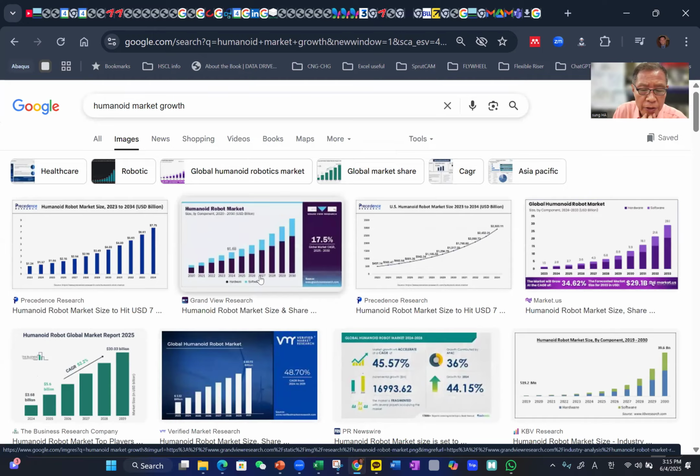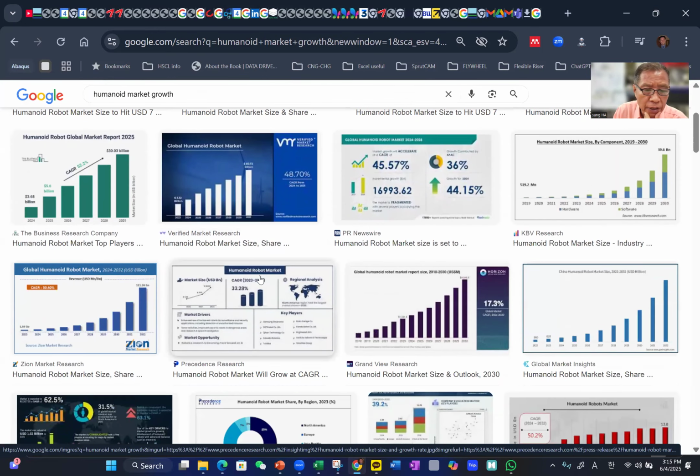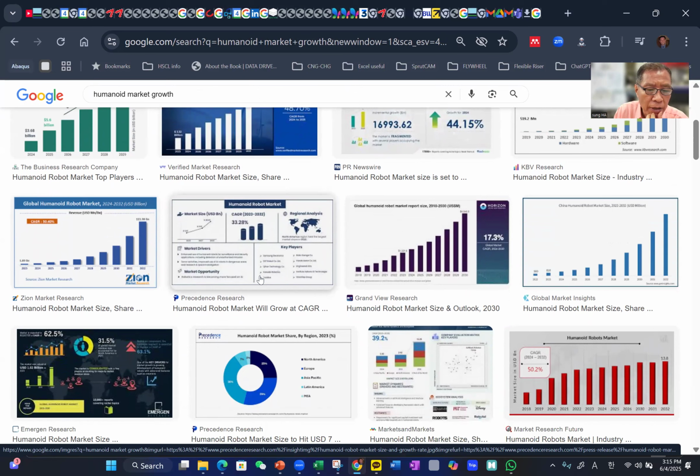So regardless of what you do as a mechanical engineering researcher, understanding the humanoid robot market and technology will help you improve your personal capability in research and development.